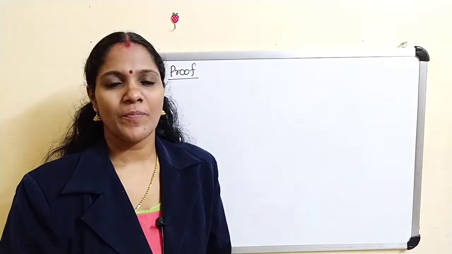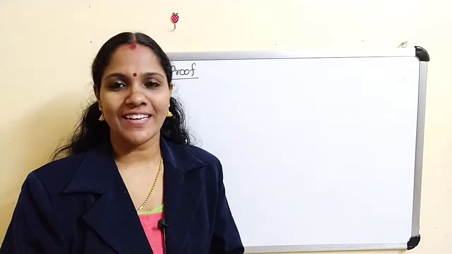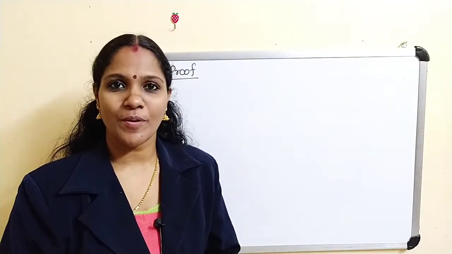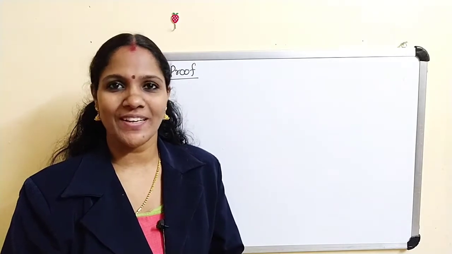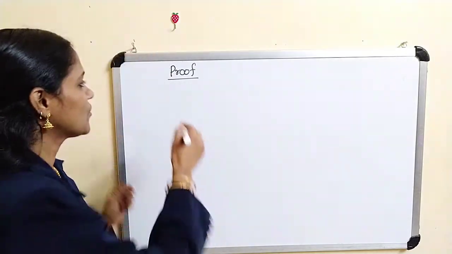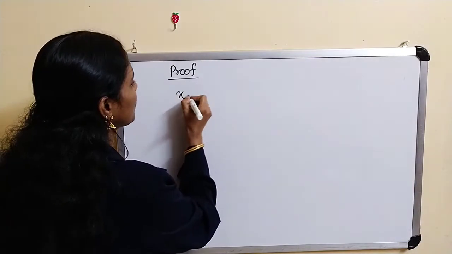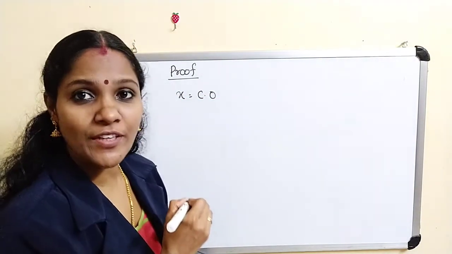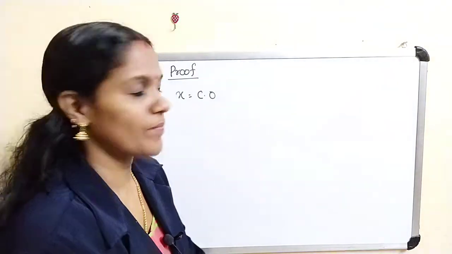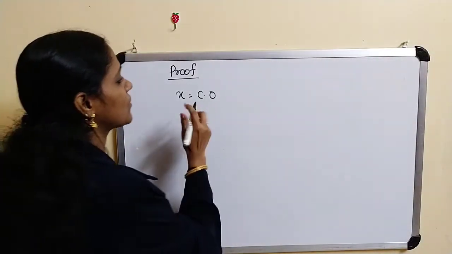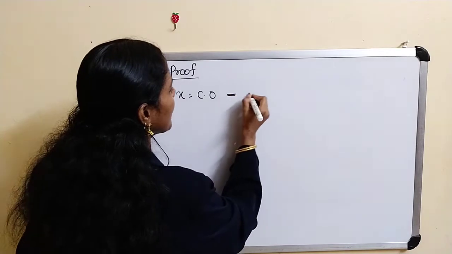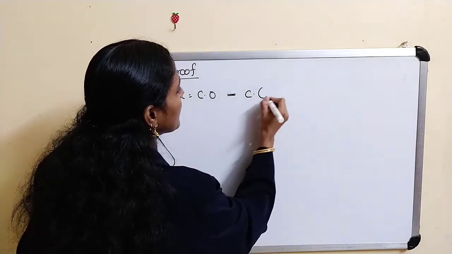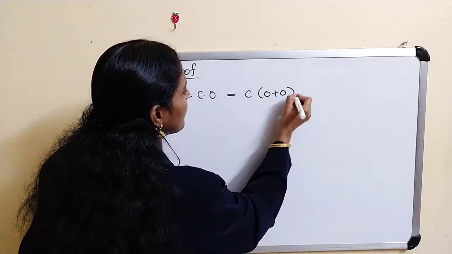Okay. Now we are going to prove our elementary properties. The first property is c into 0 equal to 0. Okay. So let x be equal to c into 0. And we have to prove c into 0 equal to 0. Okay. So you take x equal to c into 0, and this you can write as c into 0 plus 0.